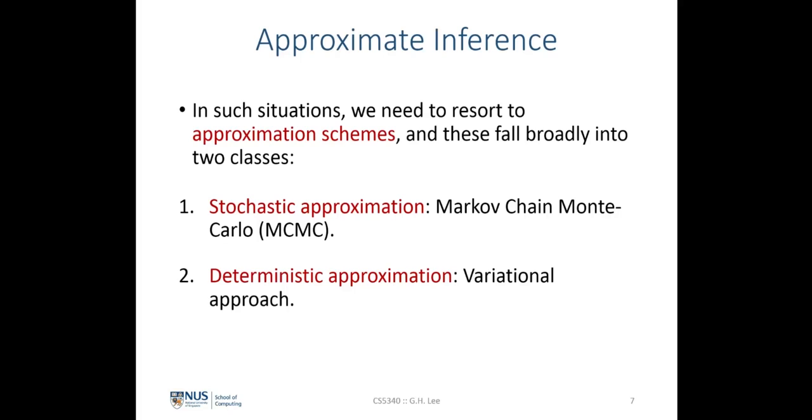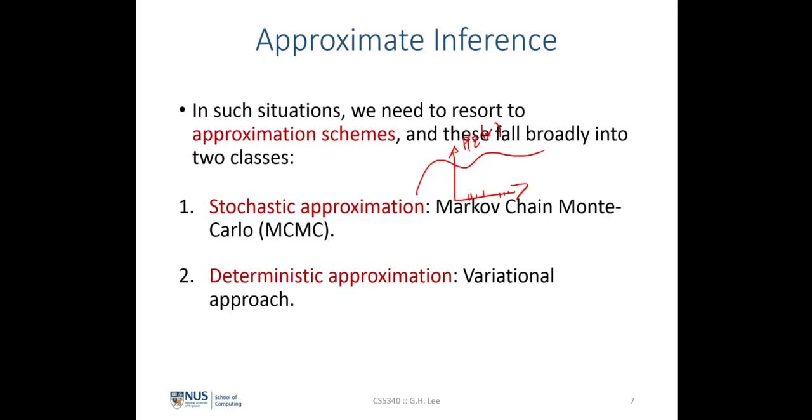But in both cases, MCMC as well as the variational inference approaches, they are both approximate inference algorithms. This is because in the MCMC algorithm, given a very complicated posterior distribution P(Z|X), which we cannot evaluate or express in a closed-form analytical solution, we draw random samples from this distribution.